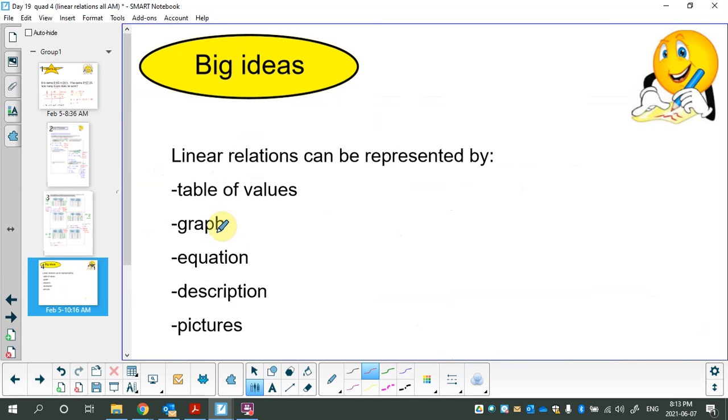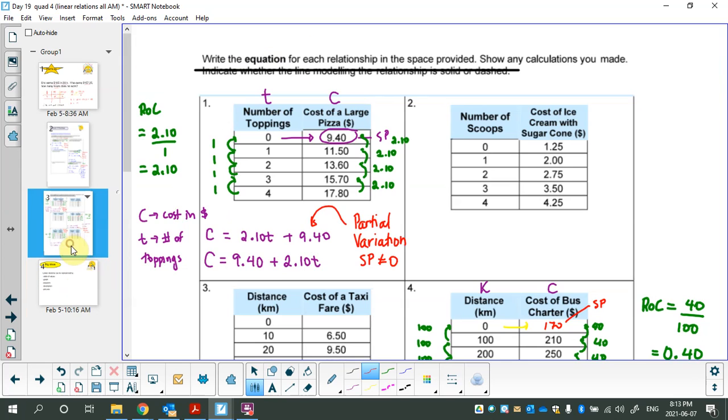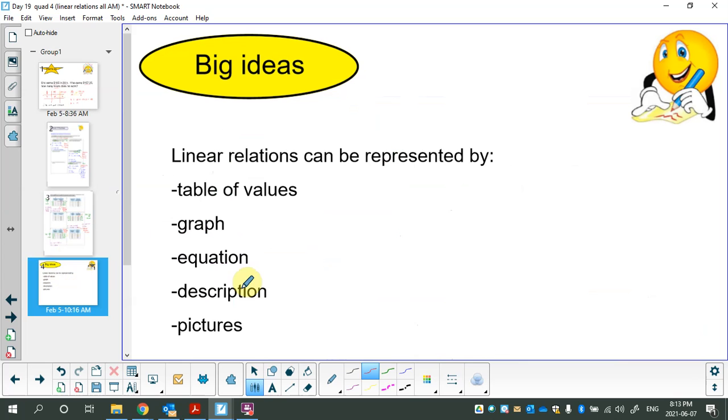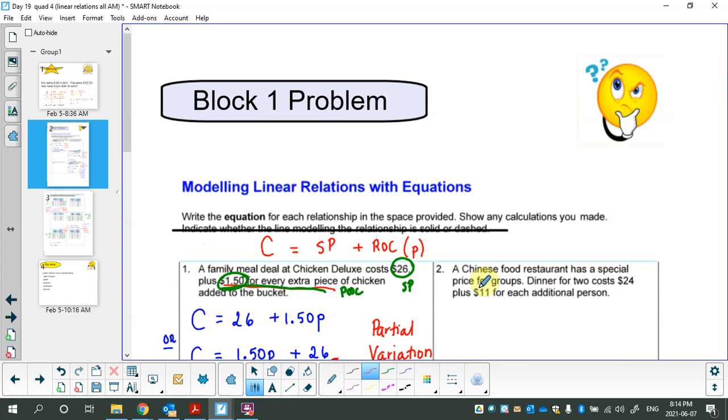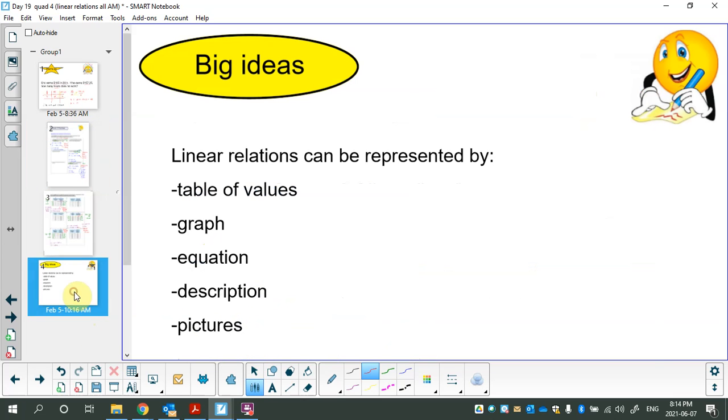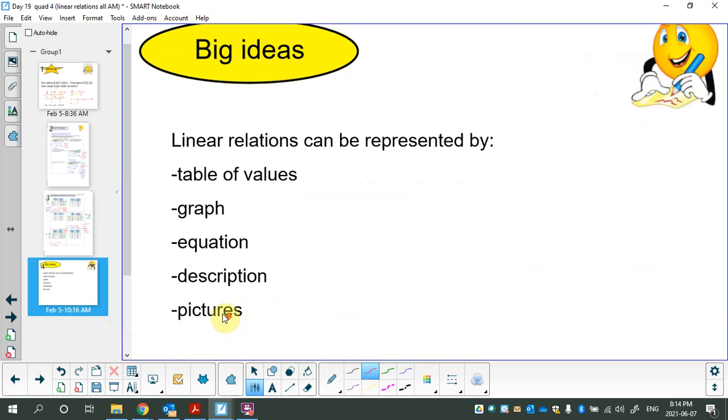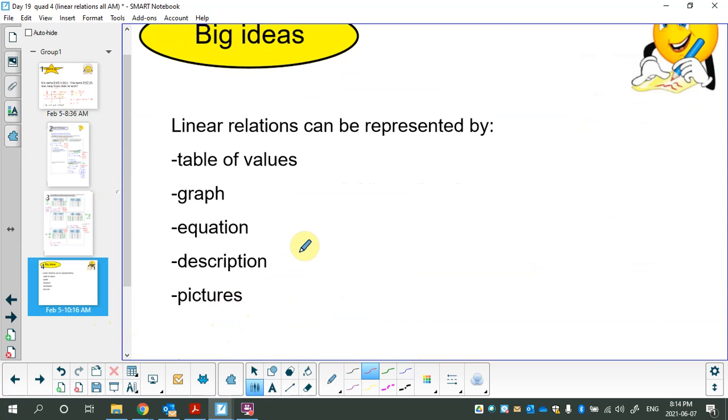We can give you a graph. This one didn't have graphs. You've dealt with graphs before. We can give you an equation, or we can ask you to make an equation. We can give you a description. Right here, there's descriptions. And we can also give you pictures, like in the pattern questions that end up as linear relations. So there's a number of ways that you can actually be given or asked for a linear relation.